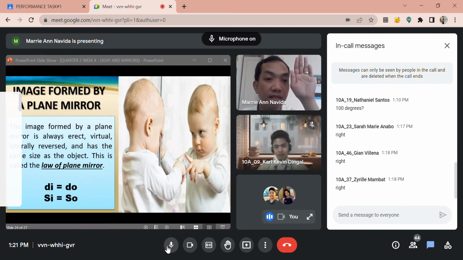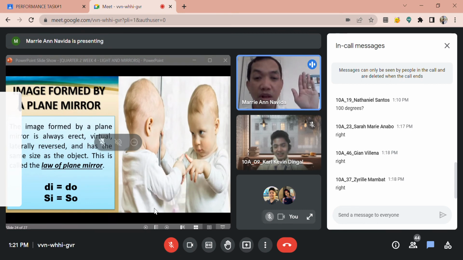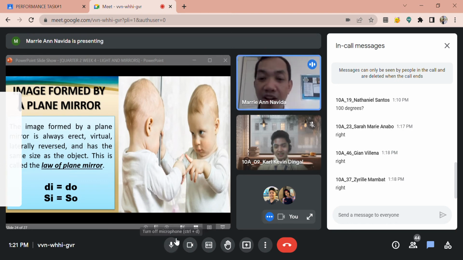Naku, delikado na. You get some mirror. Now, you raise your hand. If it is left, what is the one raising in the reflection? Oh, ganon. Okay.